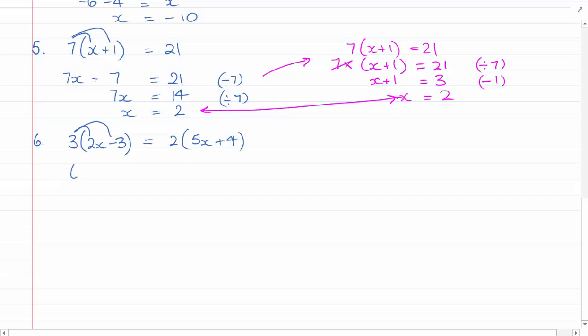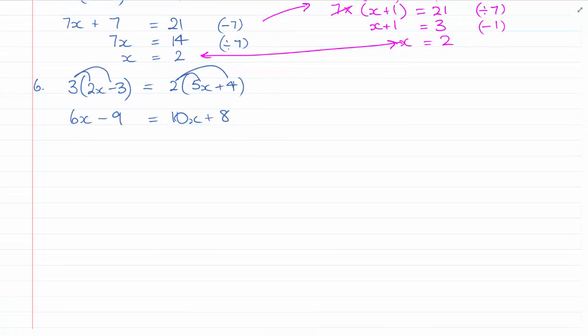And that gives me 6x minus 9 is equal to 10x plus 8. And whatever equation you get, the first thing you need to do is simplify it into this form, which should just have two terms on each side, the unknown and a constant, and on the other side possibly another unknown and a constant.